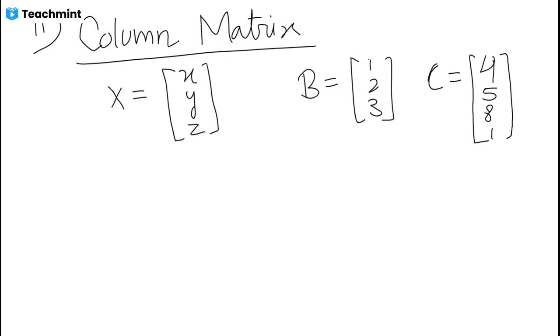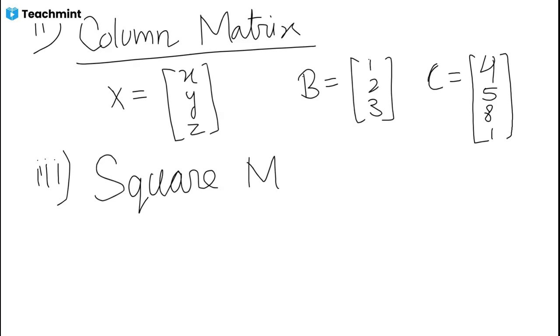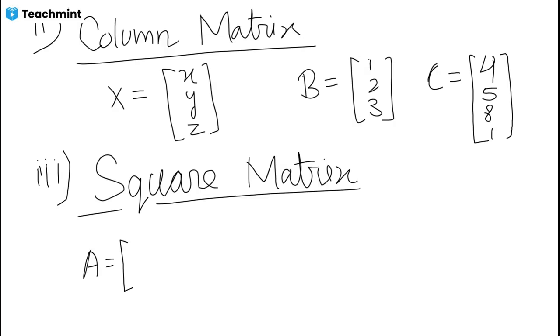Now let us do the next type, that is square matrix. In a square matrix, we have an equal number of rows and columns. For example, matrix A has elements A, B, C, D. We have two rows and two columns.